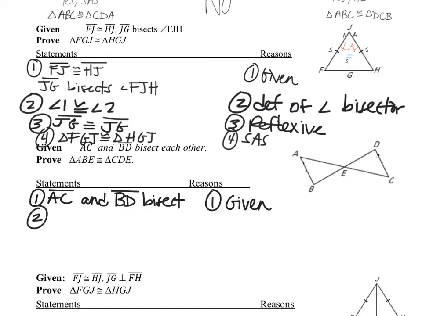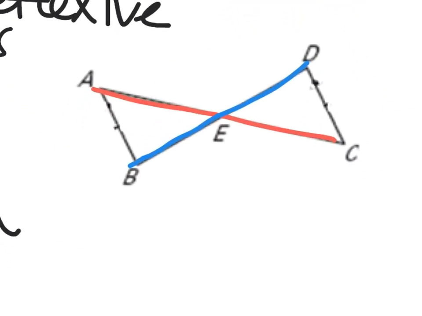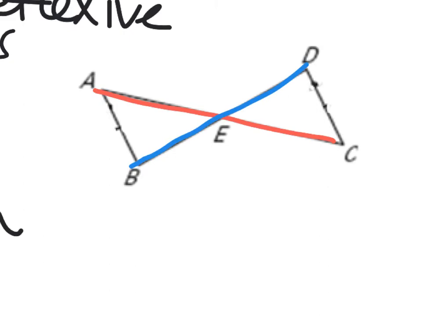So you have that these two lines, we talked about this yesterday, are cutting each other in half. We literally had a proof almost identical to this yesterday. They're bisecting each other. Emma, can you give me one pair of congruent sides?